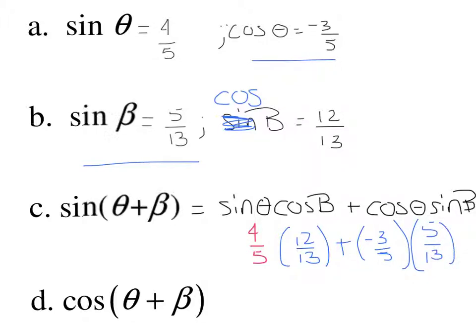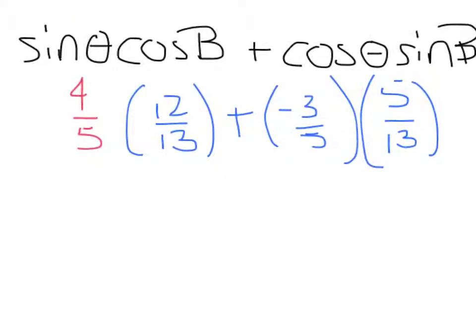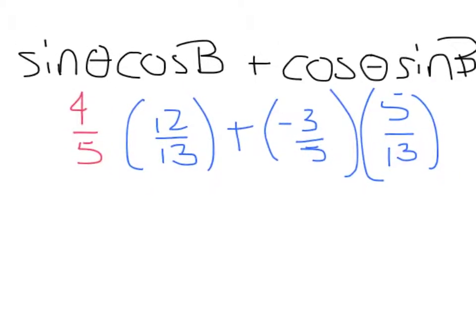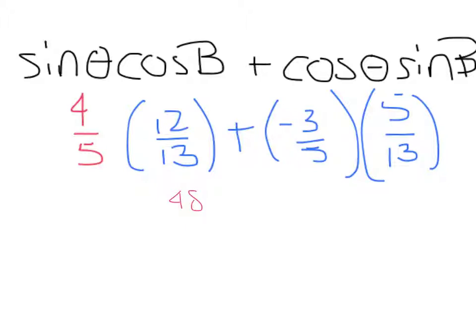So now that I have that, I can simplify the fractions. So 4 times 12 is 48 over 65 minus 15/65 gives me a sum of 33/65.